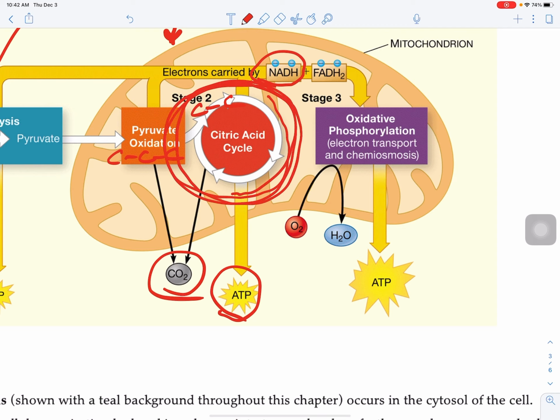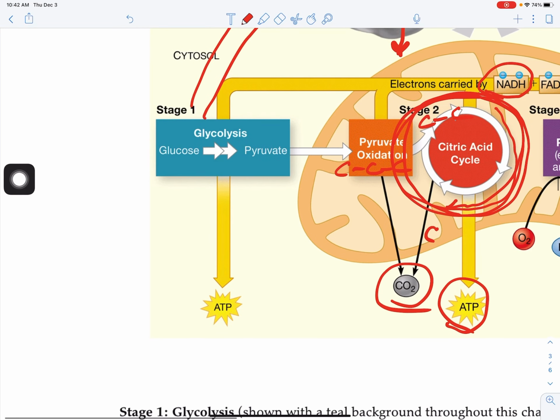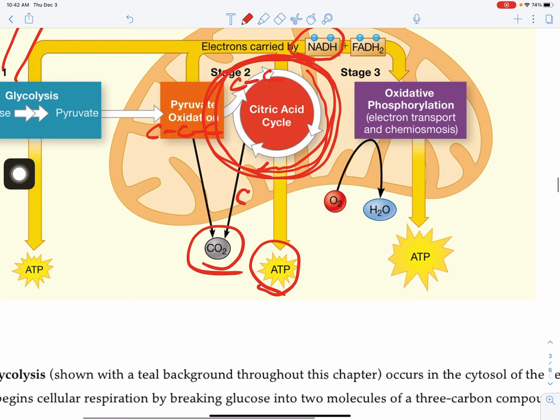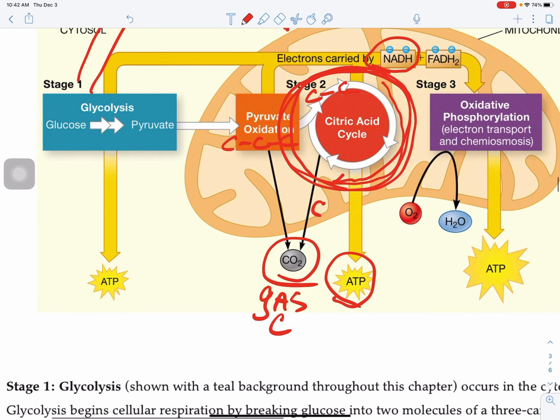When it does, it's going to get rid of excess carbon, which ultimately came from pyruvate having 3 and glucose having 6. So the reason why you exhale carbon dioxide is that this is a gas. The gaseous form of carbon is coming from the solid form of carbon right here.